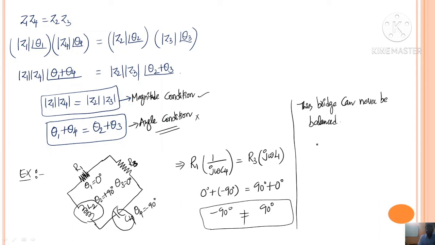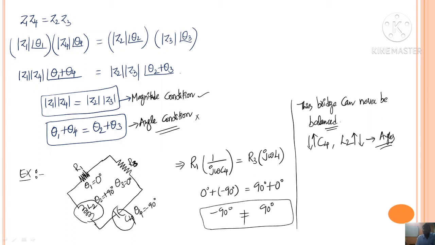Whatever may be the capacitor C4 and whatever may be the inductor L2, you can increase C4 or decrease C4, you can increase L2 or decrease L2, the angles will not change. Angles remain unchanged. As the angles remain unchanged, you cannot obtain the equivalence between minus 90 degrees and 90 degrees. By this we can say the bridge can never be balanced.